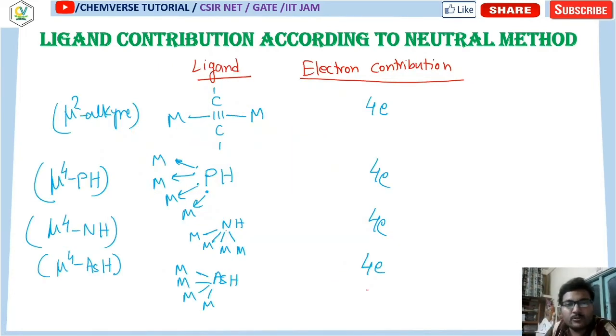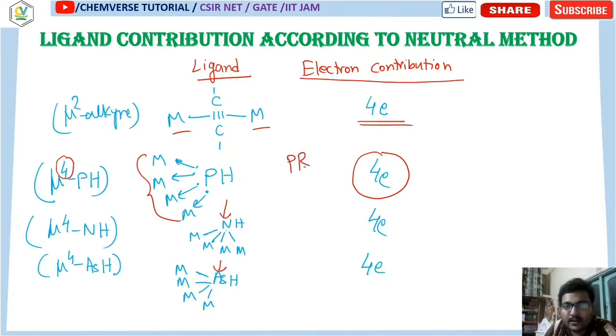Alkyne was a 2 electron donor. When 2 metals are there, that will be a 4 electron donor. Now mu4 PH acts as a 4 electron donor, as do the analogs of PH like NH, AsH. You can think of mu4 PR or mu4 NR, they all are 4 electron donors.